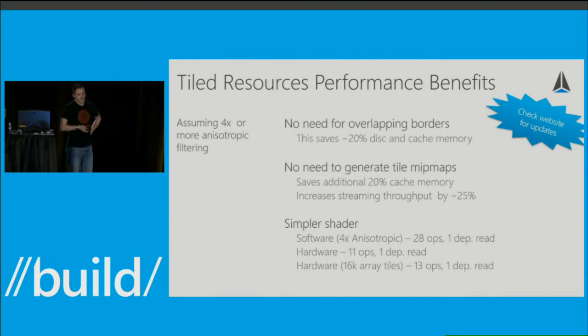And finally, of course, the shader gets a lot simpler. Our software implementation, which has 4x anisotropic filtering, uses 28 operations.